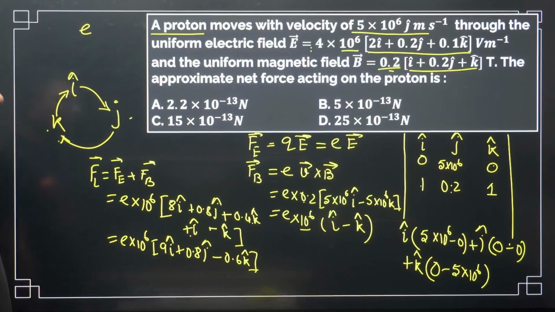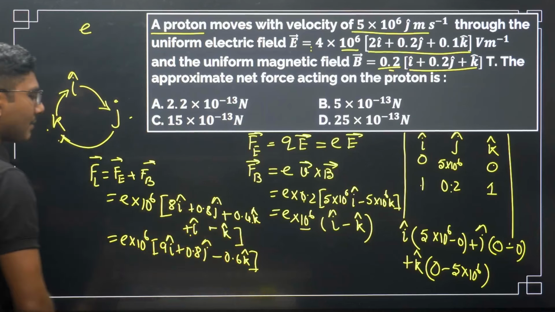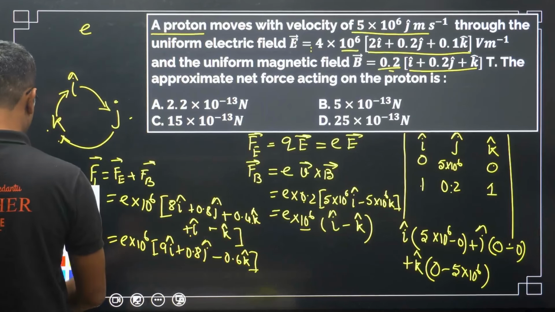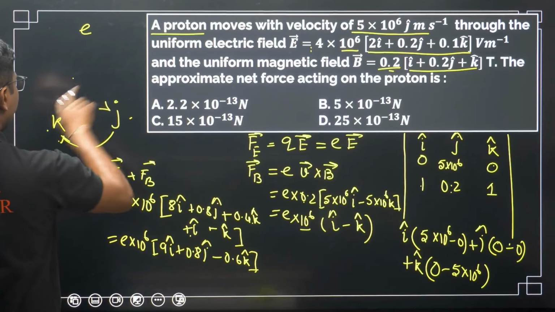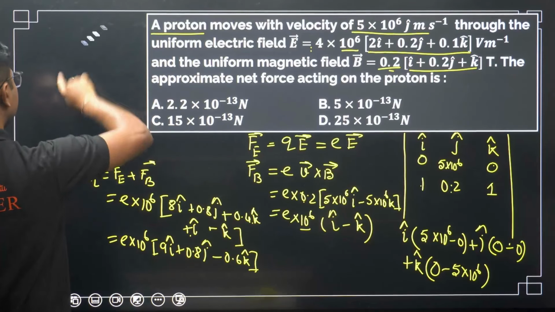Now they asked you to find the approximate value, not the exact value. So what you can do is square them up and add them up. You know how to find the magnitude of a vector. If you forgot, let me remind you once.